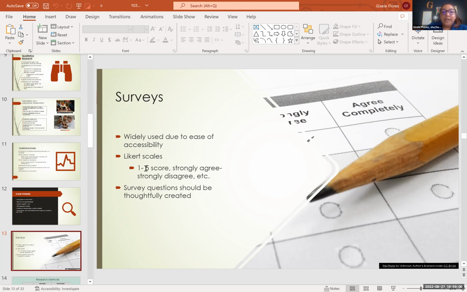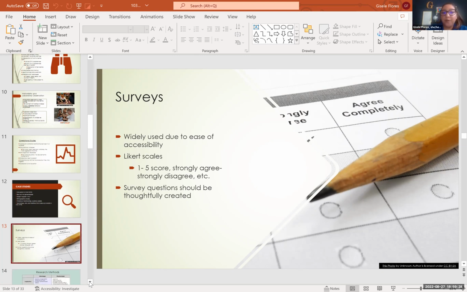If you're doing a Likert scale, it's important to really be thoughtful as to what questions you're asking, because you want to get good, rich information. If you aren't asking the right questions, you're not going to end up with efficient answers. So something to consider.